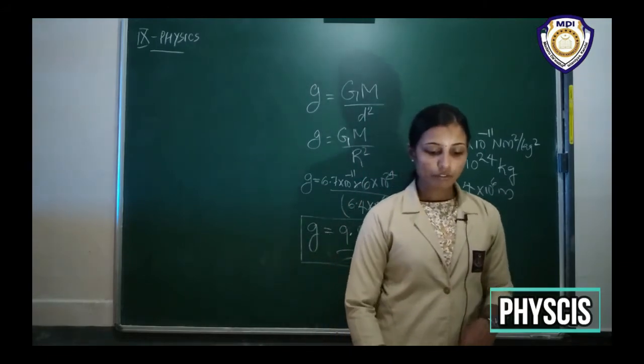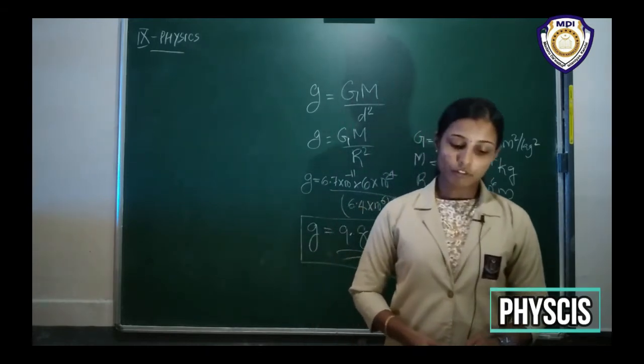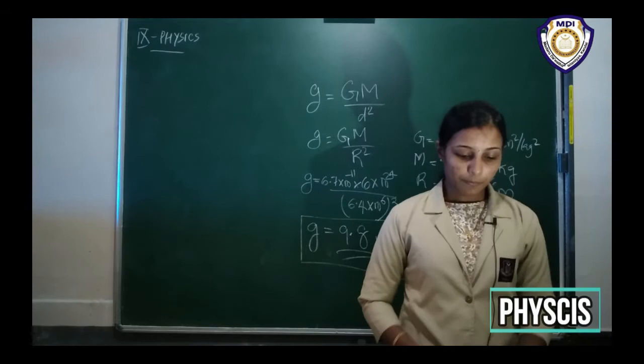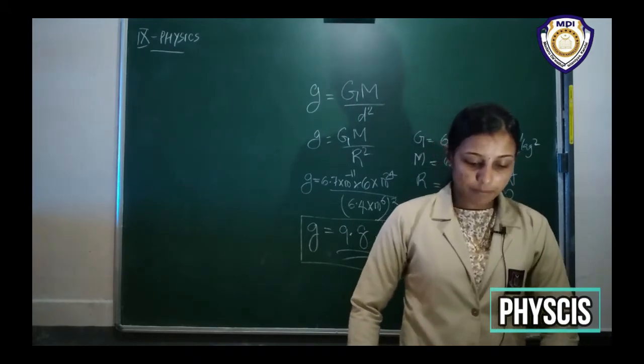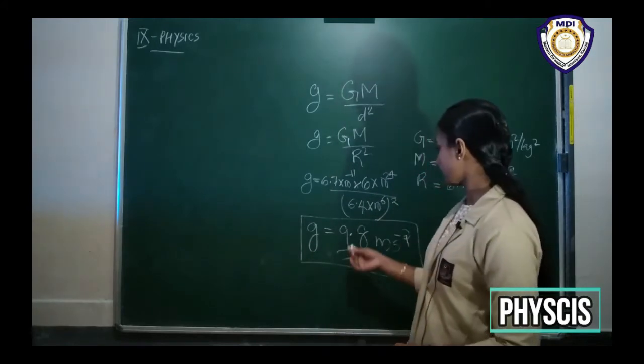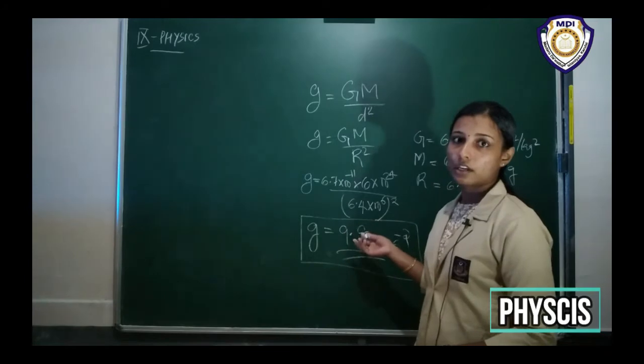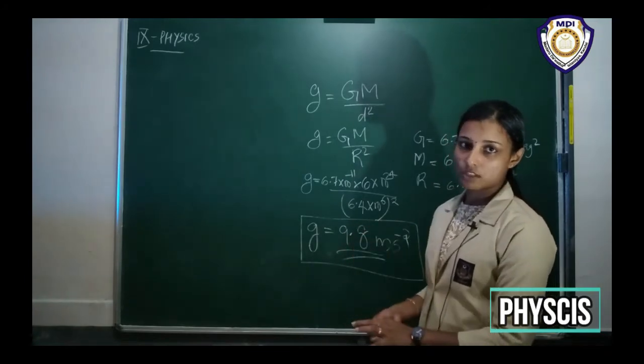Okay, so we know that an object experiences acceleration during free fall, and this acceleration experienced by an object is independent of its mass, right? So this g is constant for any object.